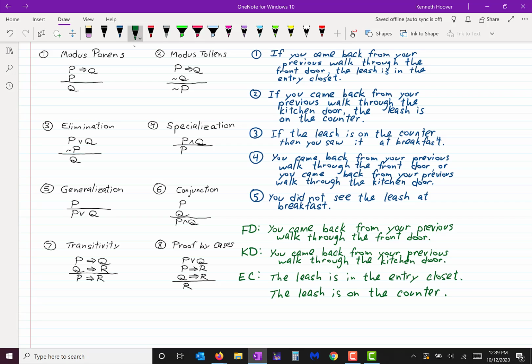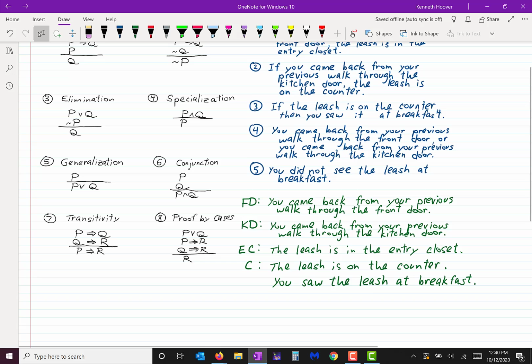How about if we'll just call that one C? And there's one more in there. Do you see it? It's this one. You saw the leash at breakfast. That's all we need to write down. I mean, we could write down more, but my point is we only need these 5. We can get all of that information in blue from these 5. Let's call that last one B.